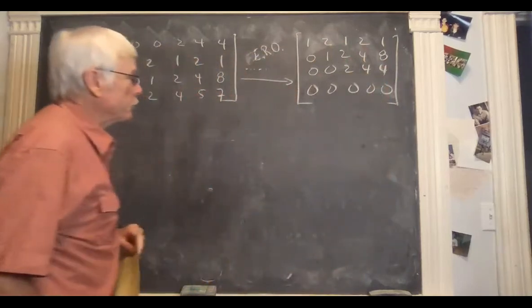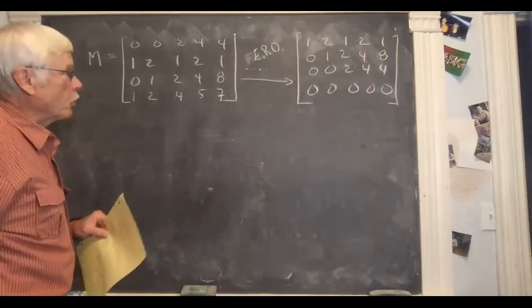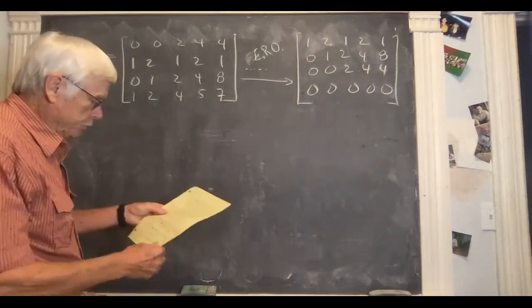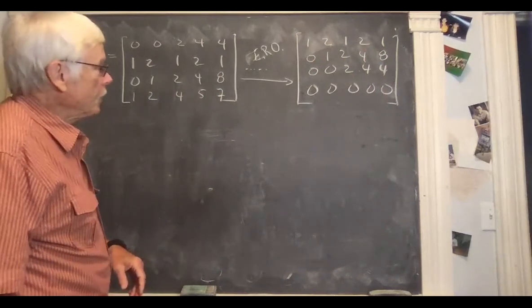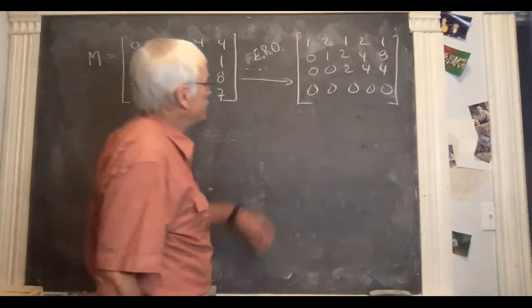Four variables, 3 rows in the echelon form. So this is an echelon form.